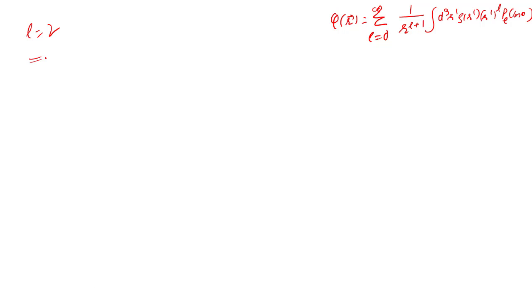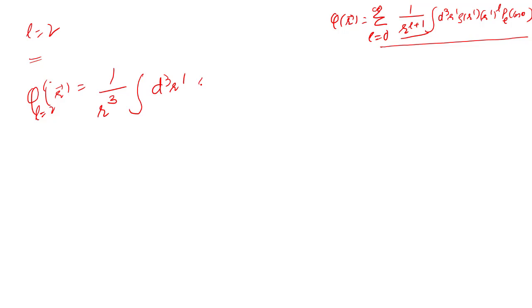So if I put L equal to 2, then phi for L equal to 2 of r, I'm going to take the L equal to 2 term only. So I have 1 over r cube because L is equal to 2, and then d cube r prime rho of r prime, r prime square because L is equal to 2, and P2 of cosine theta, right?